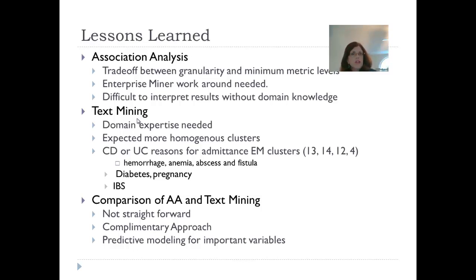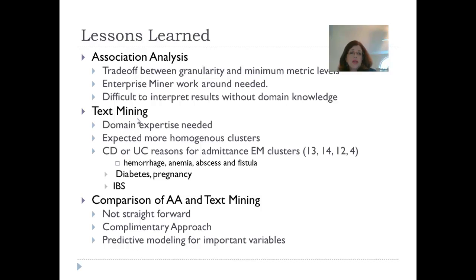But then we had quite a number of other clusters where it seemed the definition was what did they have in common? Well, they were admitted for diabetes or because they were pregnant, and they also happened to have a chronic condition, IBS, CD, or UC.